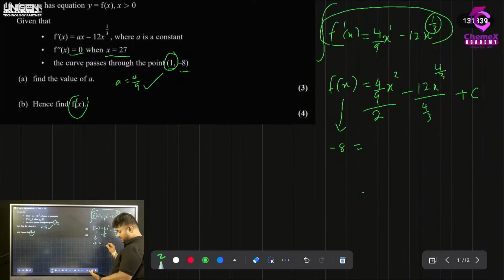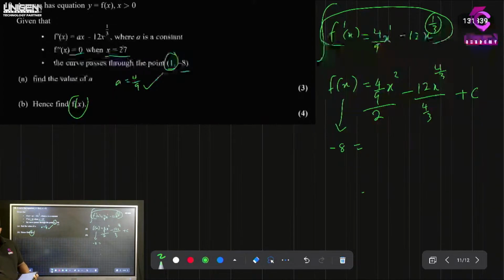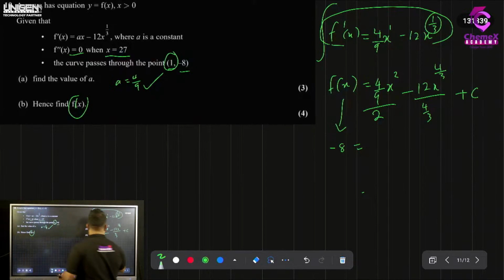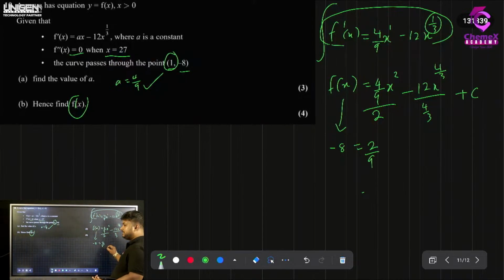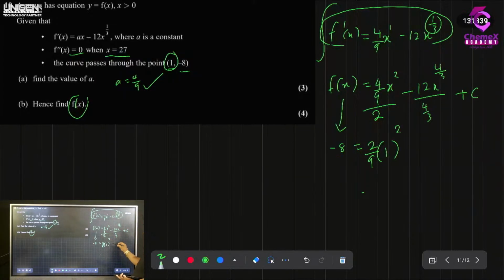What's 4 over 9 divided by 2? 2 over 9. So 2 over 9, x is 1 to the power 2, which is 1, okay? And 12 divided by 4 over 3 is how much? 9, and it's minus 9. And x is again 1 to the power 4 over 3, plus c.